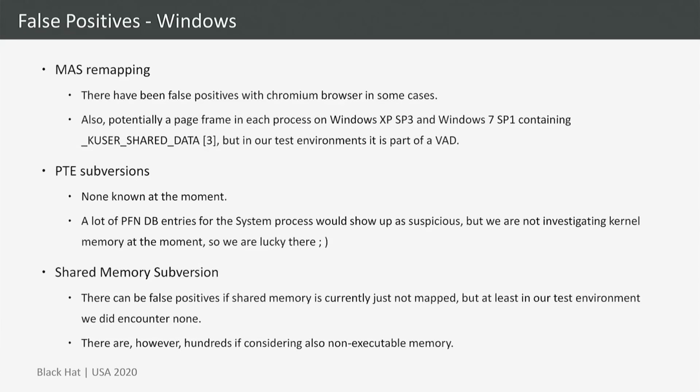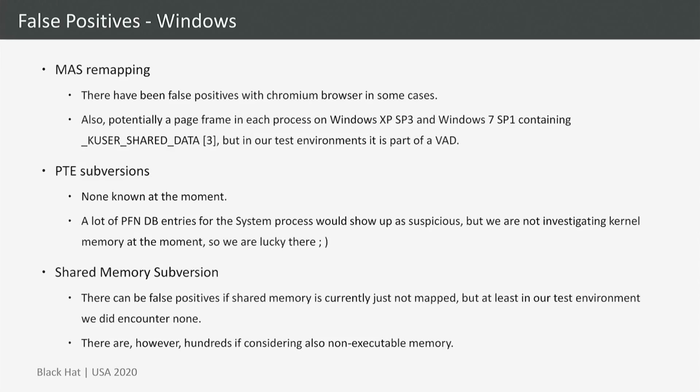Okay, now let's have a look at false positives. First, Windows. Regarding MAS remapping, there have been some false positives in the context of Chromium. There were pages which are not described by any MAS structure, which is interesting, and we are planning to have a closer look at it. Regarding PTE subversions, there are no false positives known at the moment.